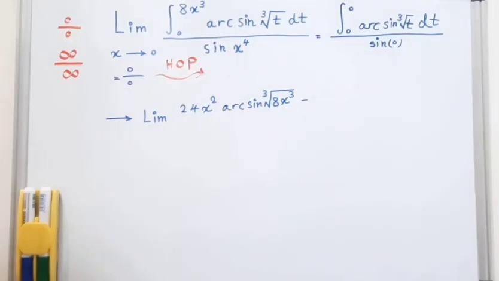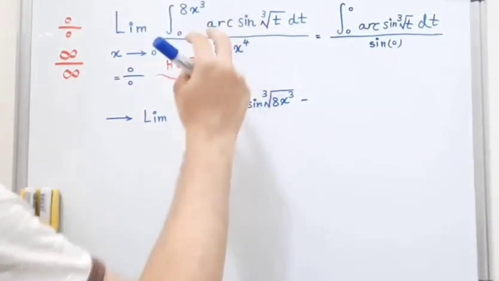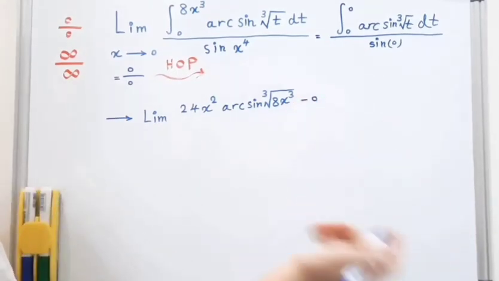The L'Hopital of 0 is 0 again, and 0 multiplied by this will be 0, so we don't need to write anything.